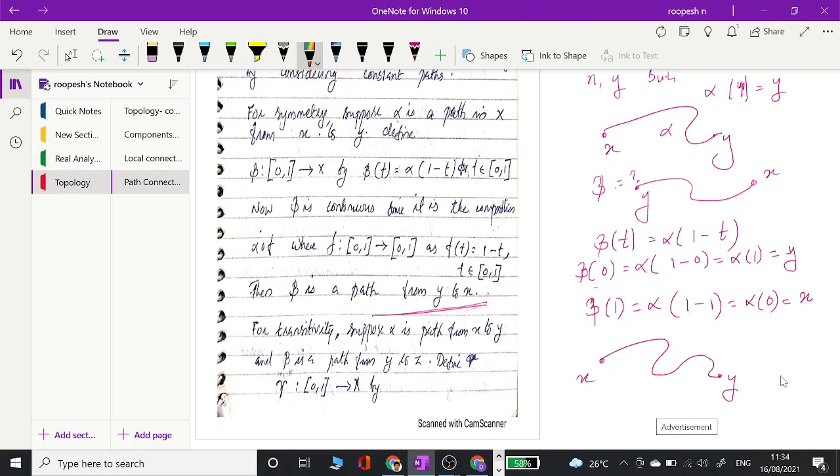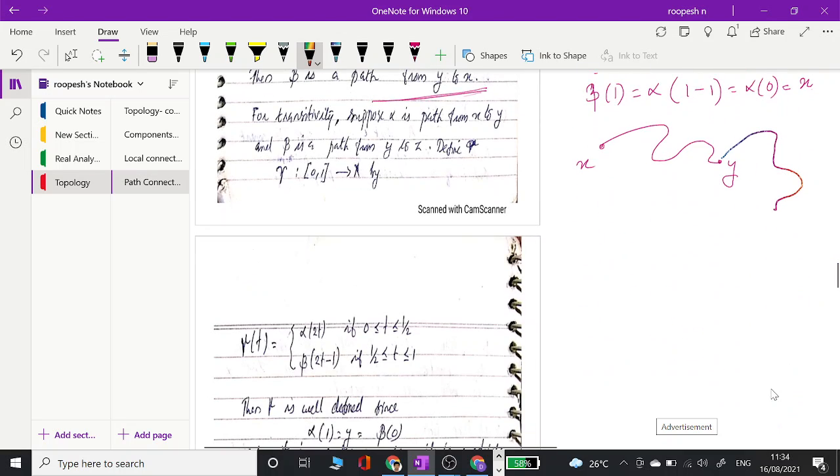Now from y to z I have got a path here. This is my z. Now our aim is to find a path from x to z.